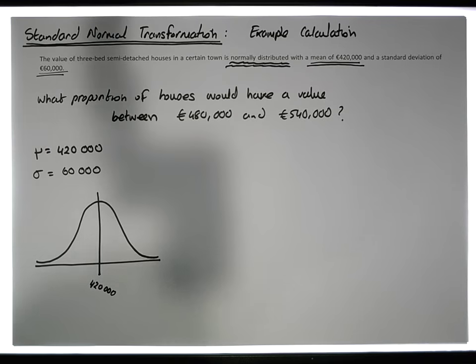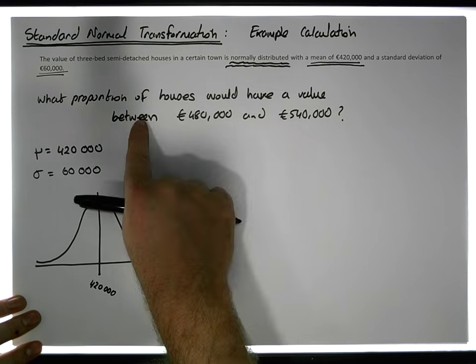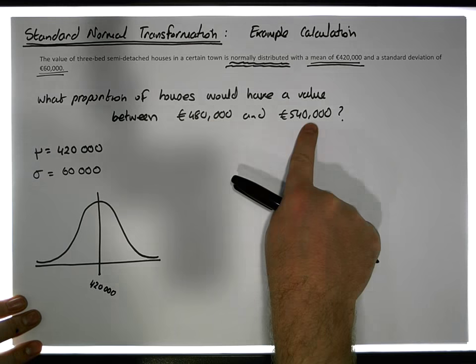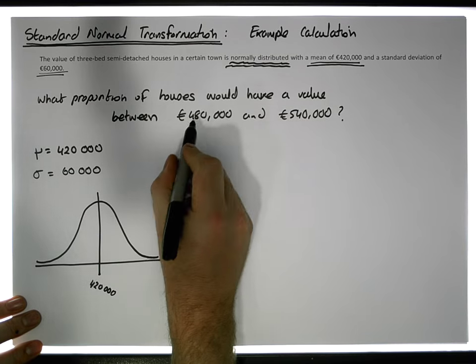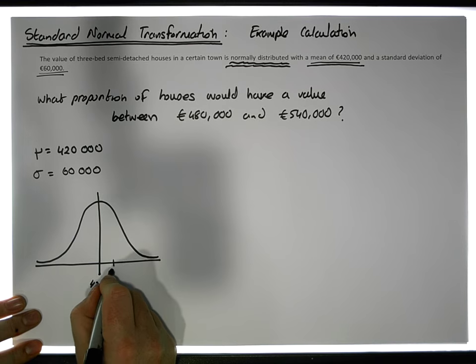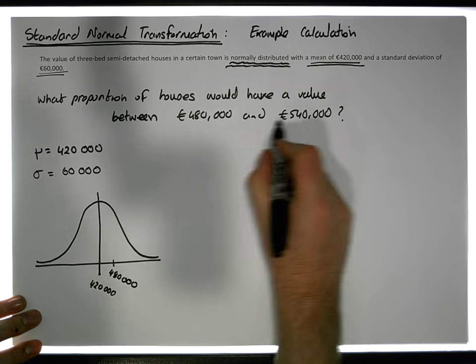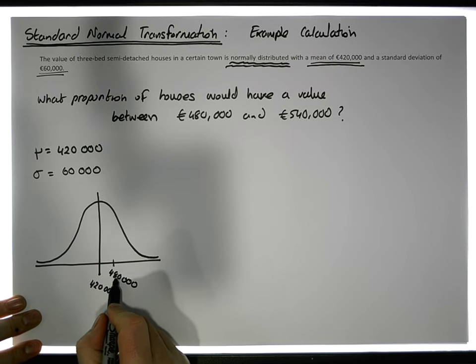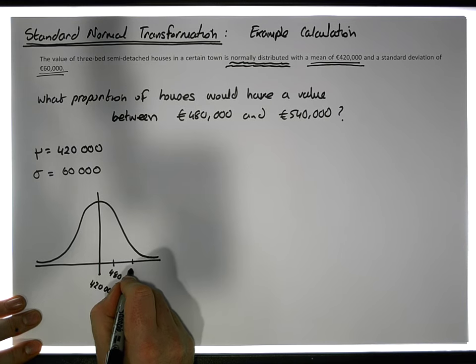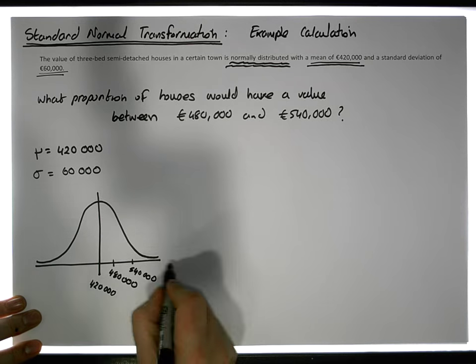Now we're interested in what proportion of houses would have a value between 480,000 and 540,000. Well, 480,000 is bigger than 420, so it must be around here somewhere, and 540,000 is bigger than 480, so it must be around here. These are house prices.